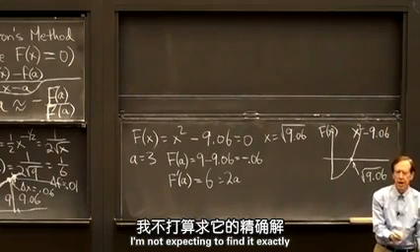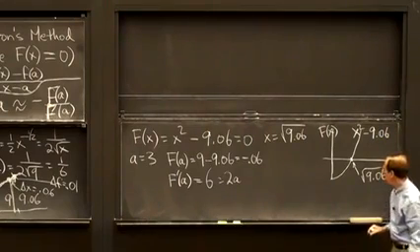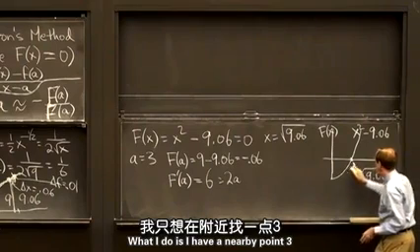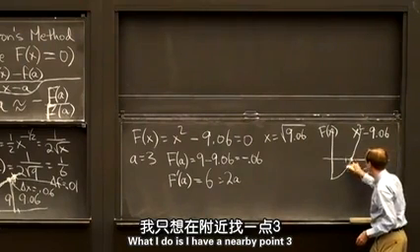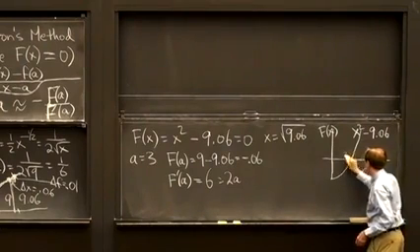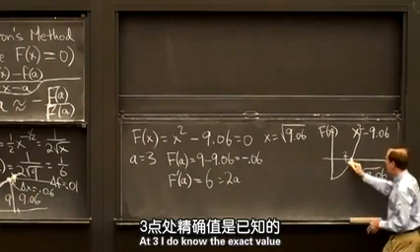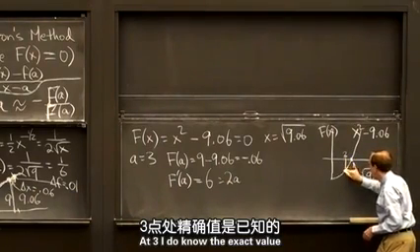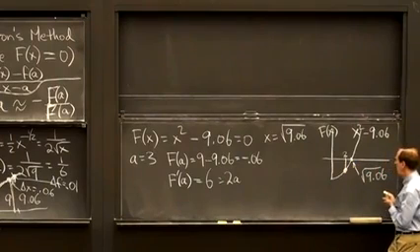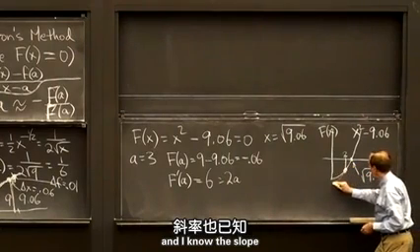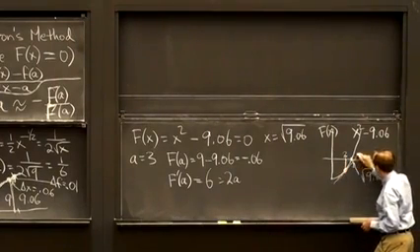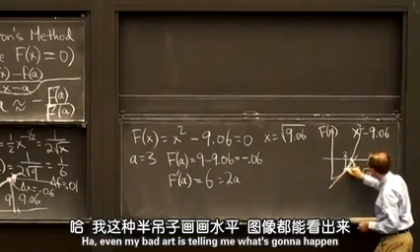I'm not expecting to find it exactly. What I do is I have a nearby point, 3. At 3, I do know the exact value, and I know the slope. Ha!